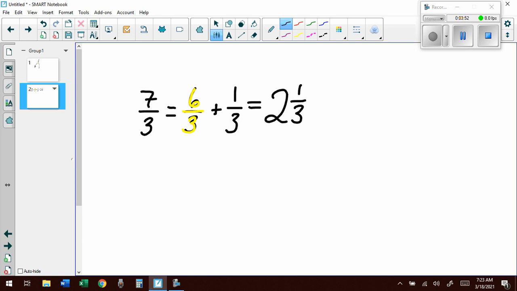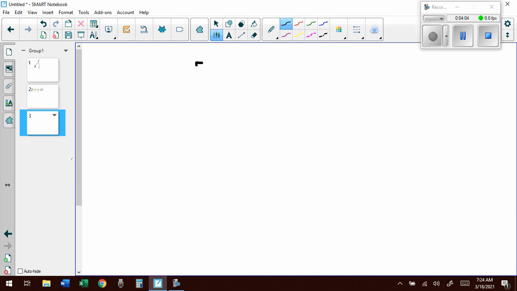Now this is using addition. We can also do the same process using multiplication. So let's start with the same fraction, 7/3. And we are going to decompose this using multiplication. We found out that there are how many whole pieces?